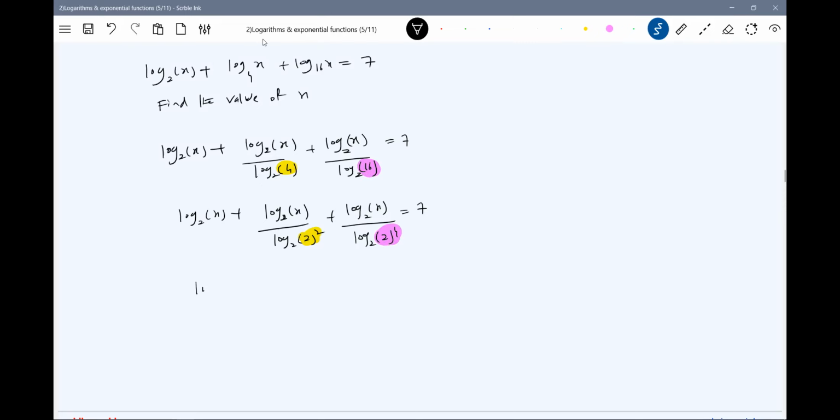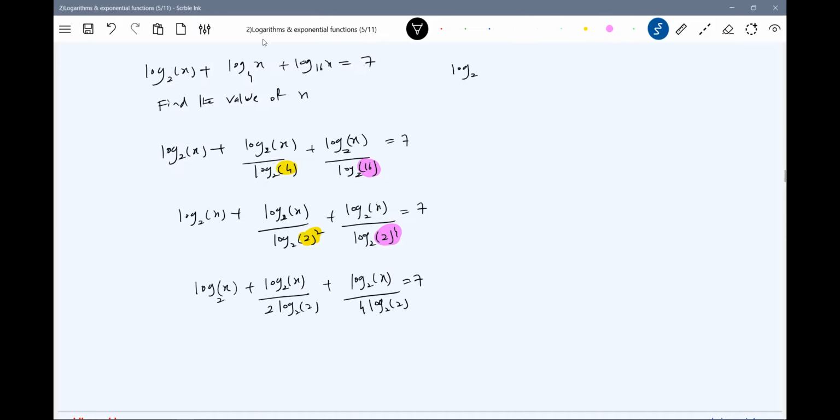We did simplification like this. So therefore, this will become log x to the base 2 by 2 times log 2 to the base 2, plus this will become 4 times log 2 to the base 2, equal to 7.